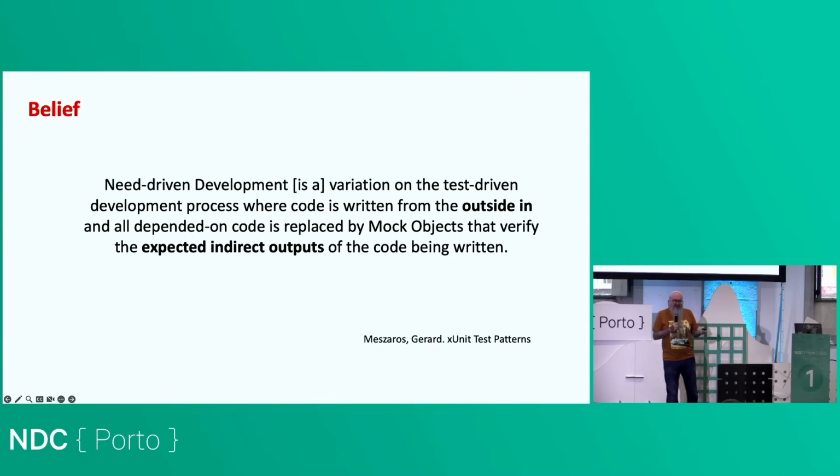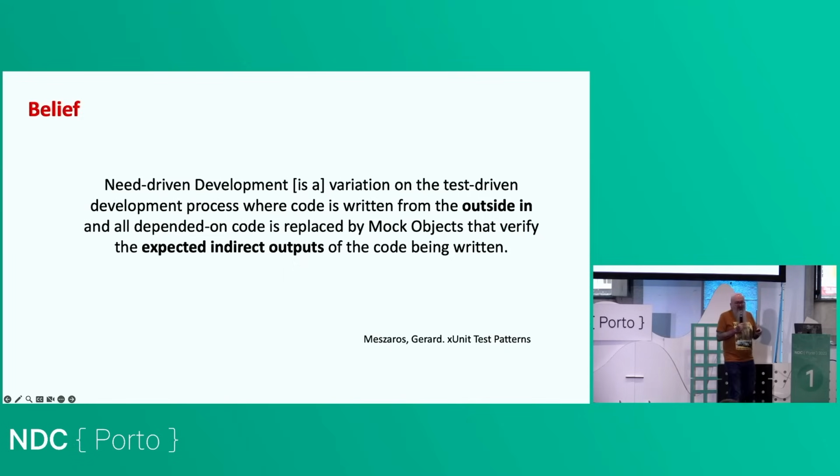And eventually what this led to was a paradigm of thought in test-driven development, sometimes called need-driven development. Those of you who have read the book, Growing Object-Oriented Software with Tests, this book espouses particularly this philosophy of what's called need-driven development. It's a variation on the test-driven development process where code is written from the outside in.